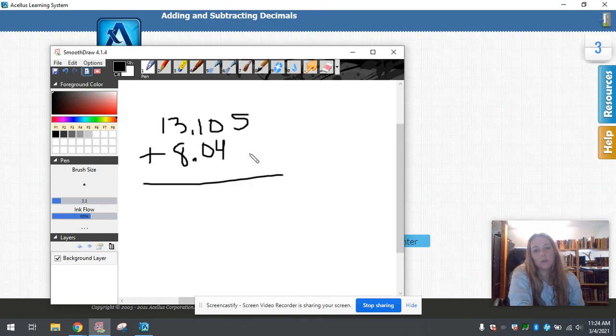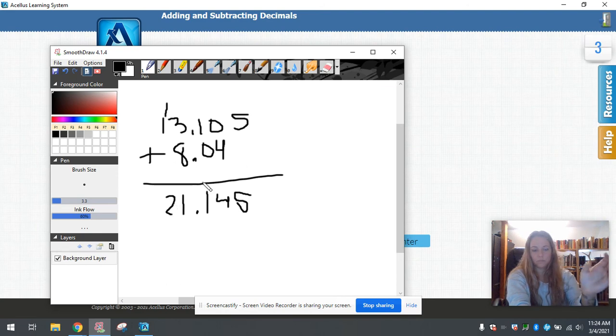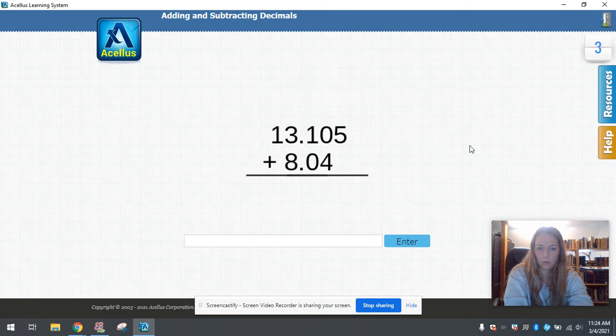If I wanted to, I'd put a 0 here. I'm not going to. 5 plus nothing, or just bring down that 5. 0 plus 4 is 4. 1 plus 0 is 1. Bring down the decimal. 3 plus 8 is 11. Carry the 1. 1 plus 1 is 2. If I add 13 plus 8, I would get 21. So that makes sense. The answer that I got is 21.145.